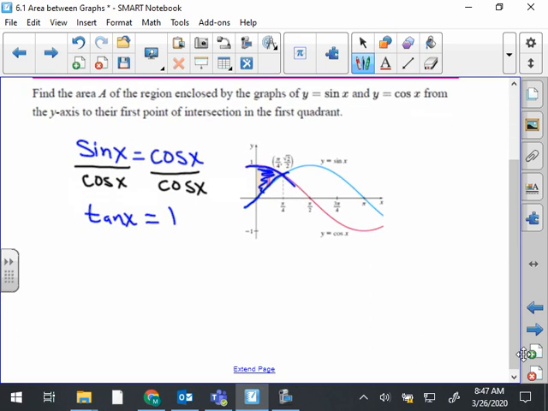So I want to know, what is the inverse tangent of 1? And certainly we would get pi over 4. Remember, we're only talking in the first quadrant here, because they did say first quadrant. So I know what happens other places, but we're just considering the first quadrant here. All right, so now we know our interval.